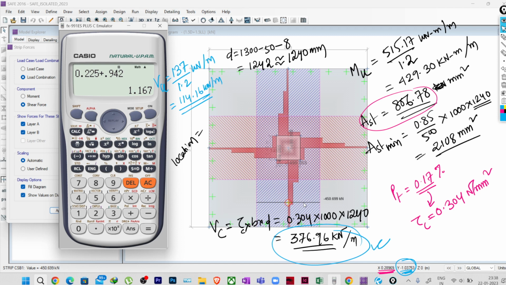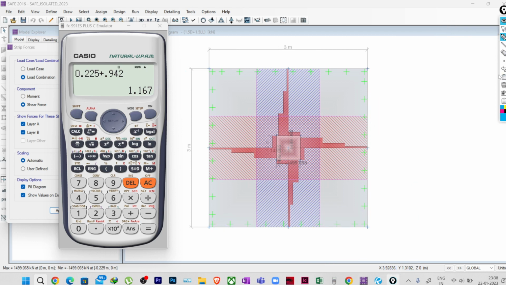And now what will be the reinforcement provided in this case? The reinforcement provided will be 2108 mm square. So how will we be providing it? 2108 mm square. Fine.